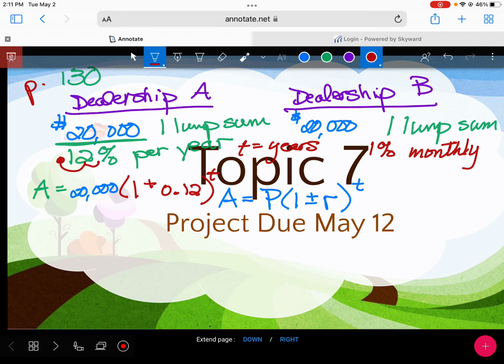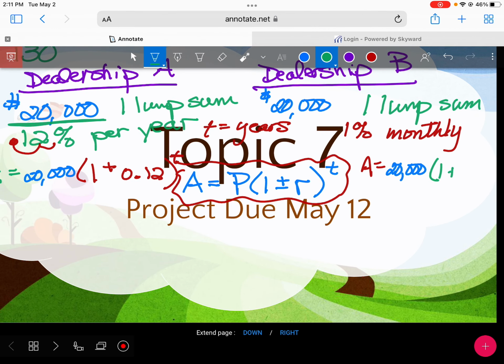So using this same exponential formula, we have A equals my initial amount. What's my initial amount again? $20,000 times 1 plus, what is my rate here? 0.01, right?